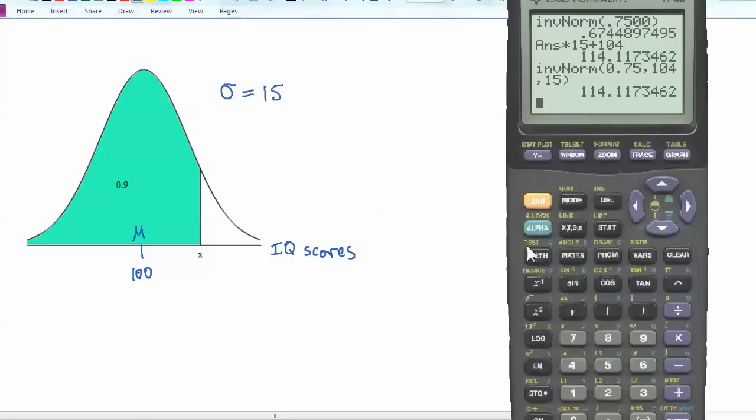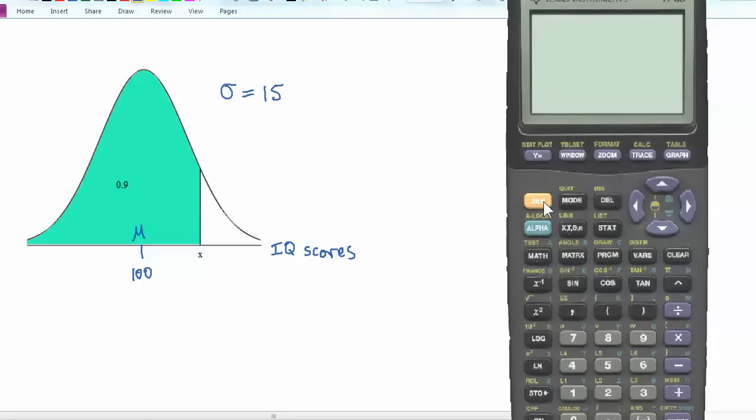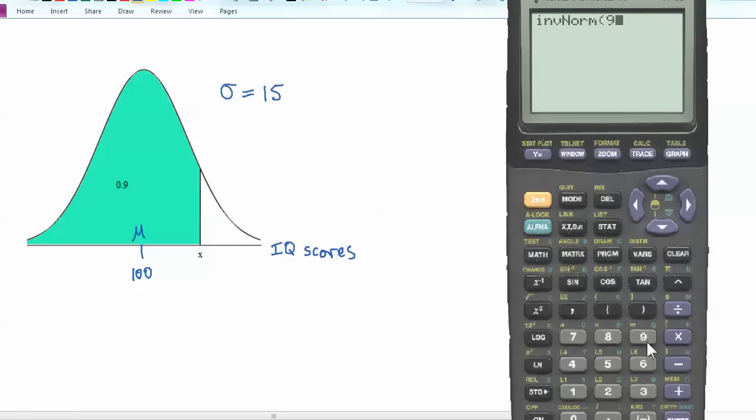Our direct calculation is going to go like this. Second, vars, number 3. This is showing 90%. We put it in the decimal form, 0.9. And then we just tell ourselves that this is not a standard normal distribution. This is non-standard.